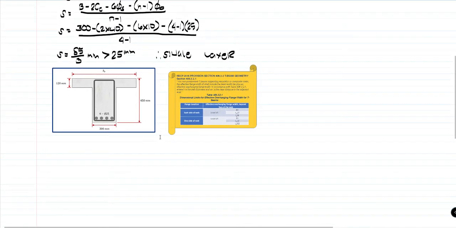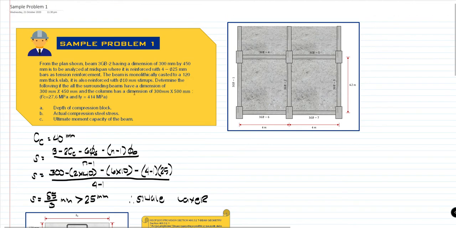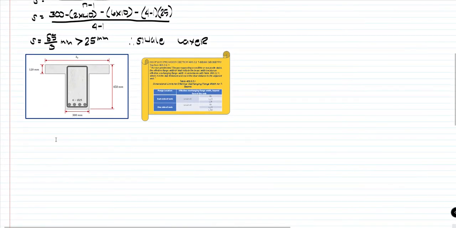Yun yung provision natin for the T-beam. And by the way, since stated naman dito yung thickness ng slab natin, which is 120 mm thick slab, so, magagamit na natin yung equations or yung provisions for our T-beam.